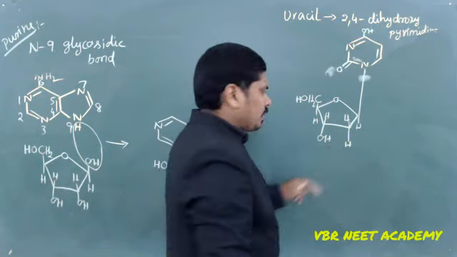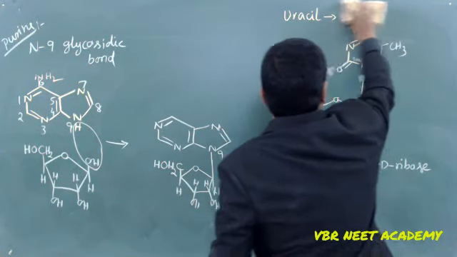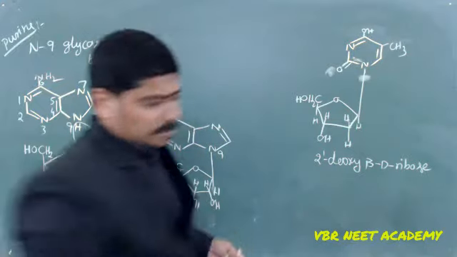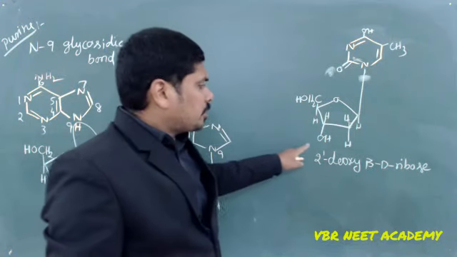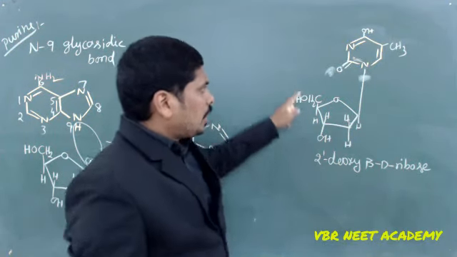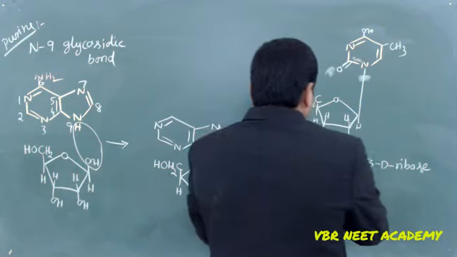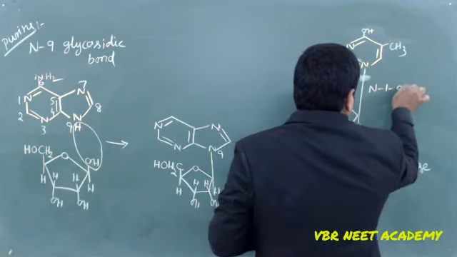Here it is not having oxygen, that's why it is going to be 2' deoxy beta D ribose. 2' deoxy beta D ribose. As you are having thymine, it should be present in DNA. So that's why I am writing deoxyribose. So now what glycosidic bond is on? N1 glycosidic bond.